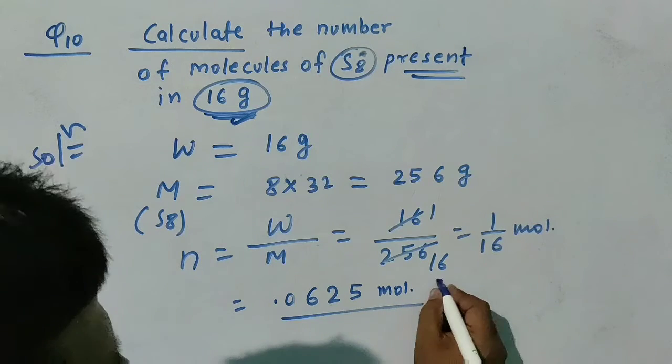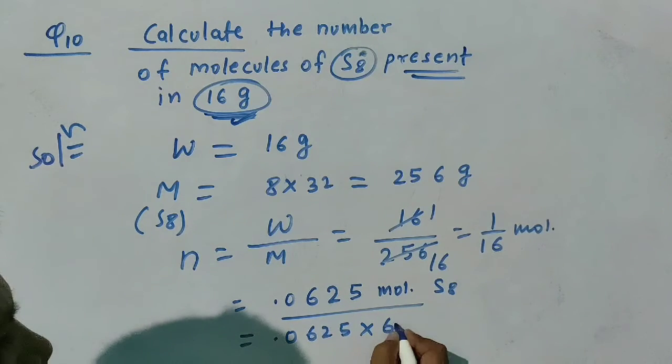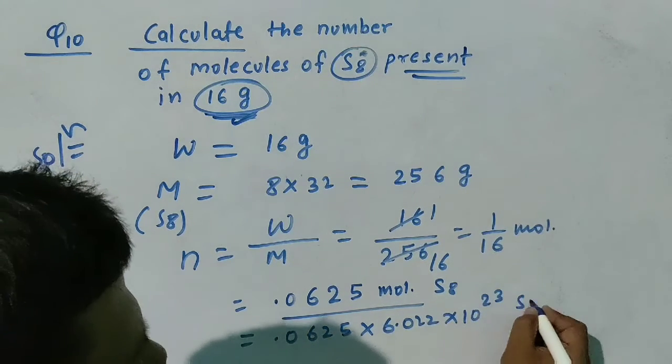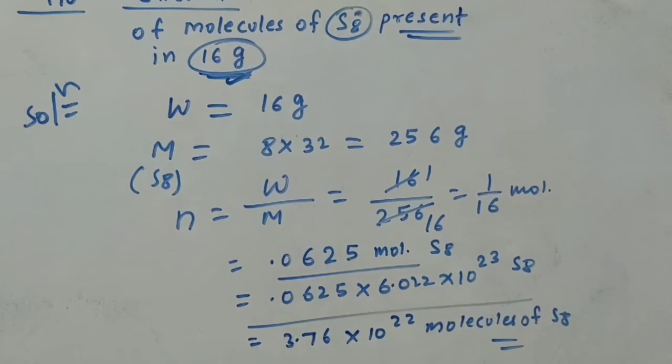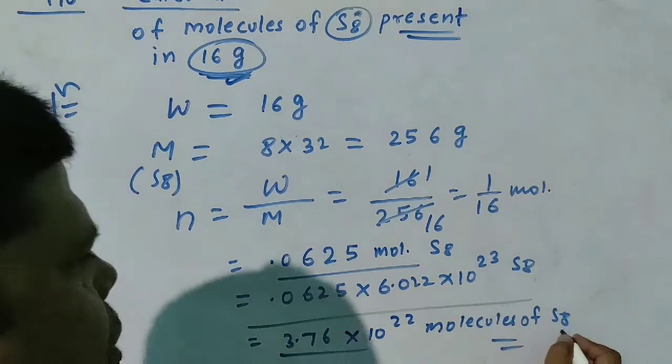So as 8 in number you can write here 0.0625 into 6.022 into 10 to the power 23 sulfur molecules. You can calculate this yourself, it will become 3.76 into 10 to the power 22 molecules of sulfur.